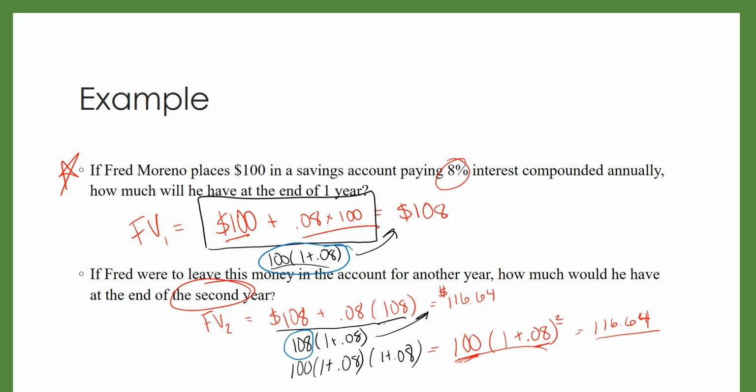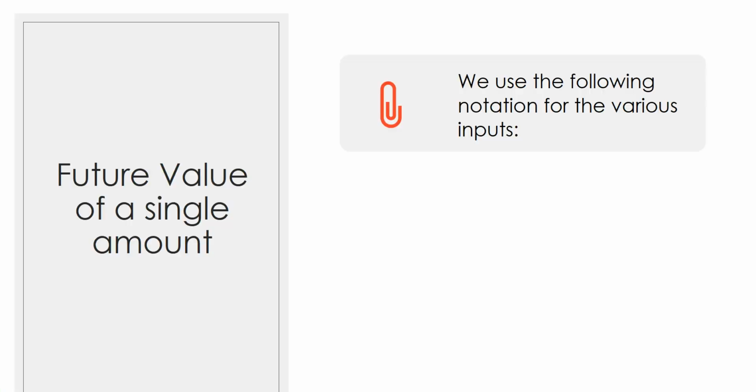So if we put that into a generic equation, it would look like this. The future value is equal to the present value, the amount we initially deposited, times 1 plus our interest rate, our periodic rate, raised to the number of periods.